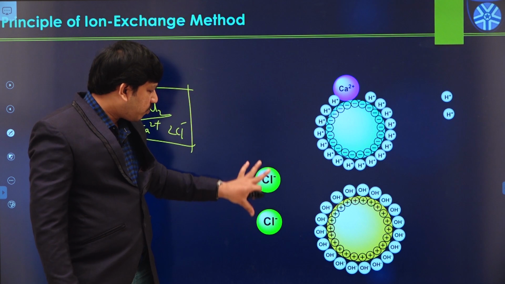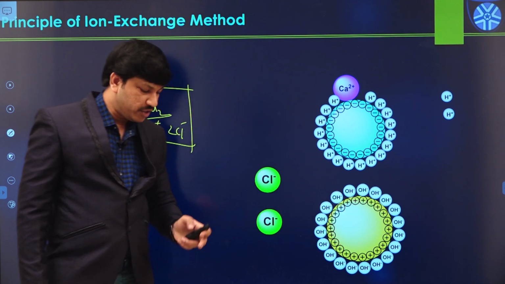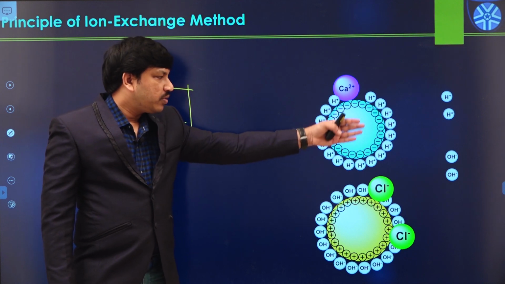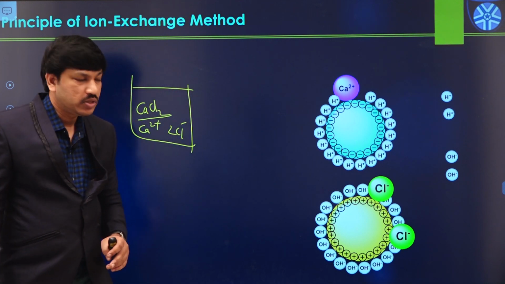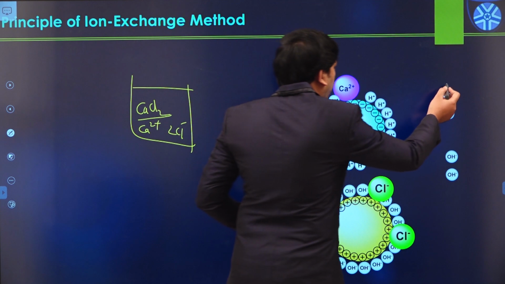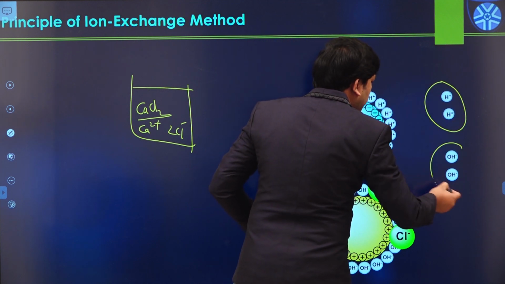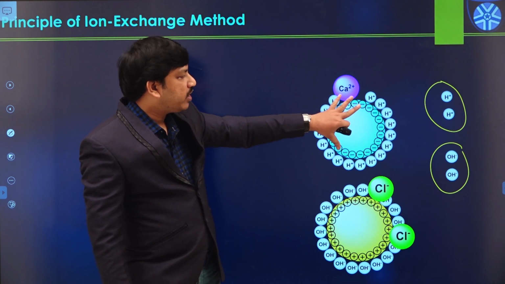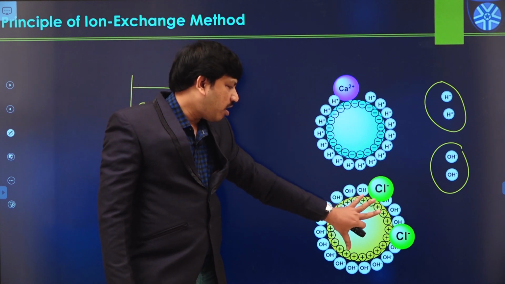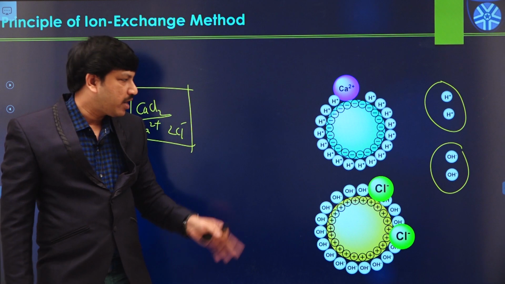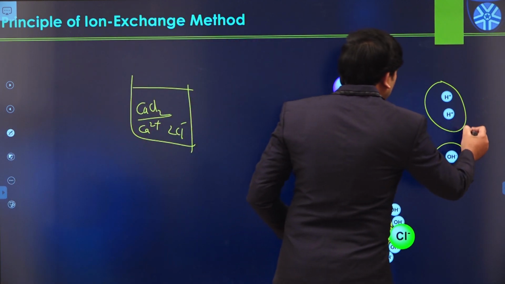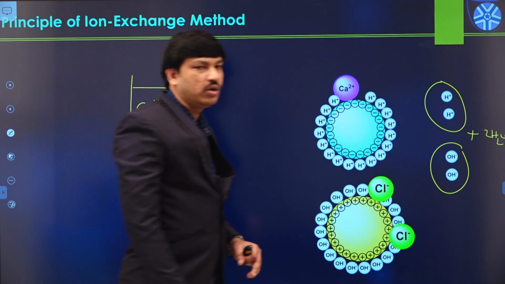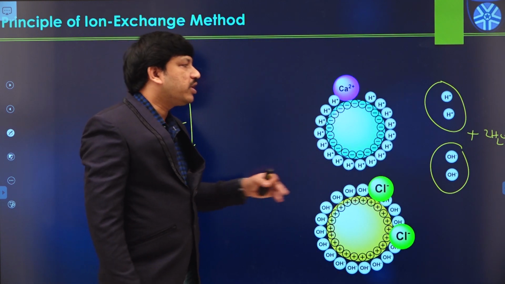Now this water goes toward the anion exchange resin. Here there is a replacement of OH minus with Cl minus. So there is a release of protons in the first case and a release of OH minus in the second case. All cations are absorbed by the cation exchange resin, and all anions are absorbed by the anion exchange resin. Finally, these two combine to form a water molecule.